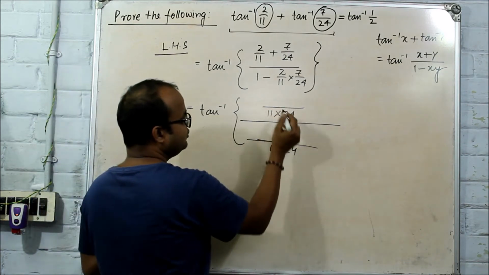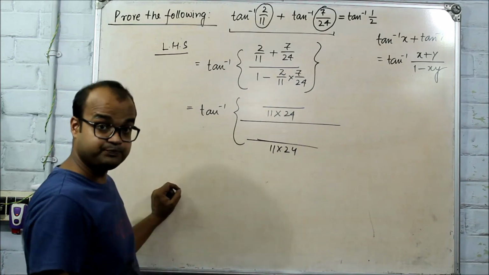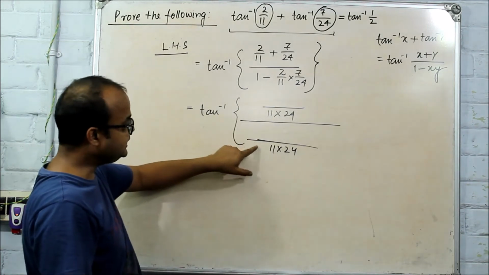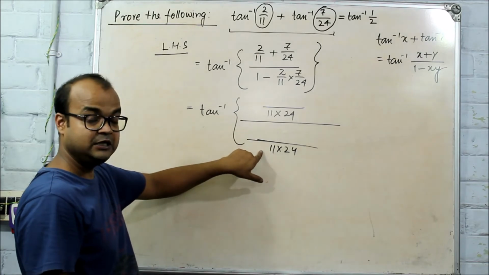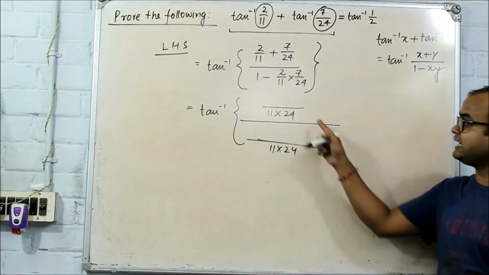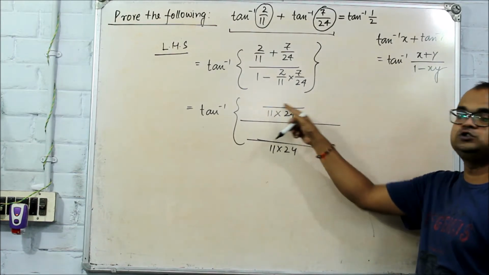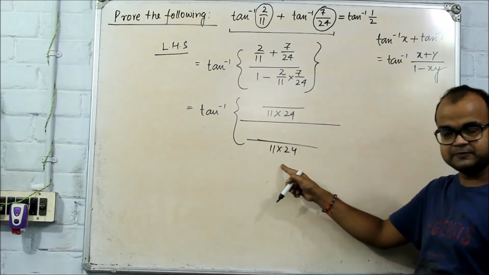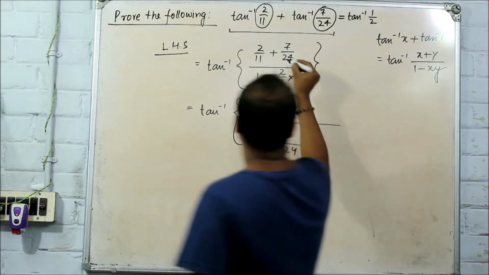So now, why am I writing the denominator part first? The denominator of the numerator and the denominator of the denominator, because I want to show you, don't waste your time by multiplying these two terms, because anyhow these two terms are going to cancel. So leave it like that.